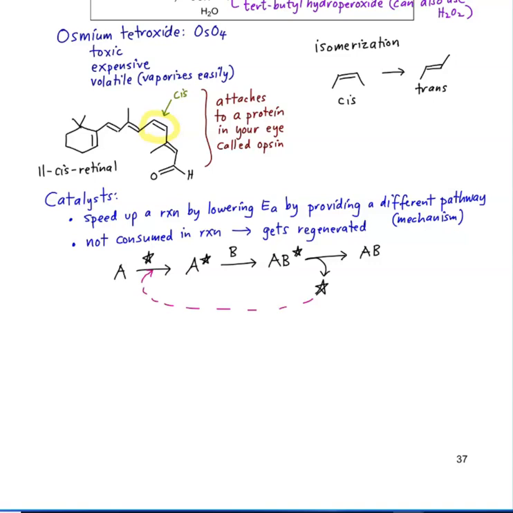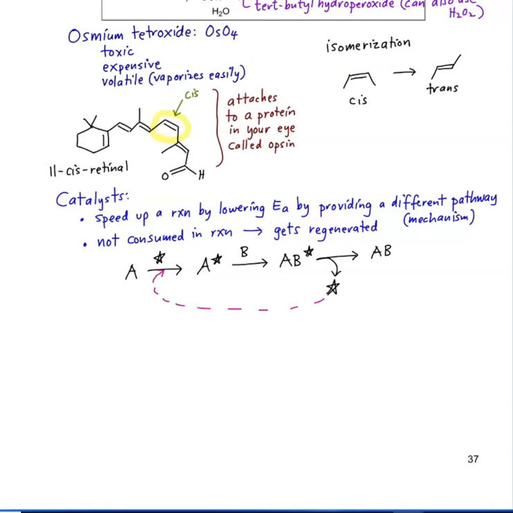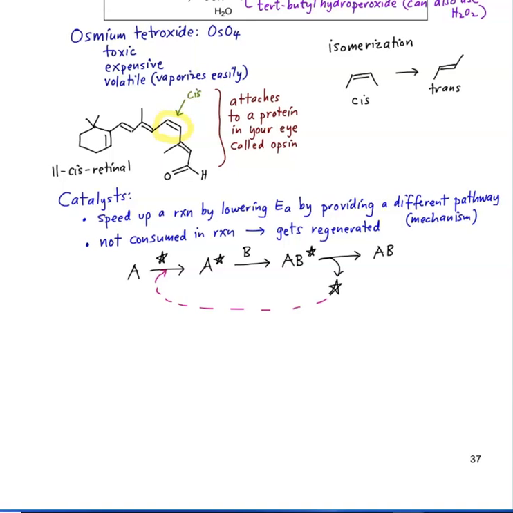So for that reason, you can usually use catalysts in a much, much smaller stoichiometric quantity than any of the other reagents or starting materials that you have. Okay, so let's look at an example of predicting products for this reaction.